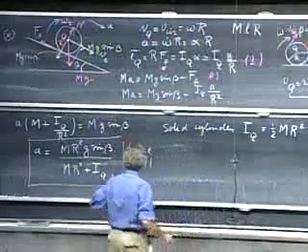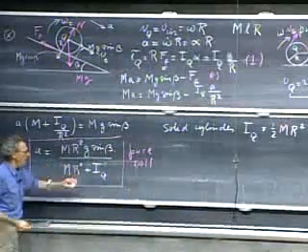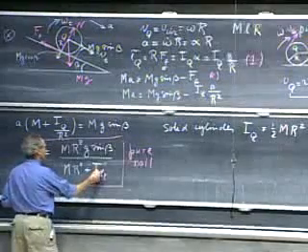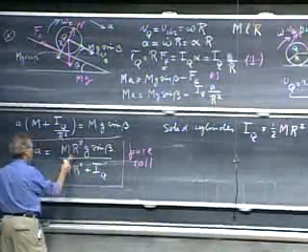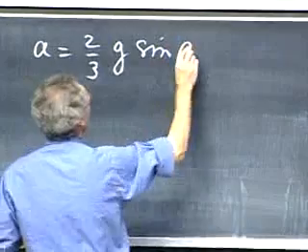If I substitute that in here, notice that all my m r squares go away. I get 1 plus 1/2, which is 3/2. Upside down becomes 2/3. So A equals 2/3 times g times the sine of beta.